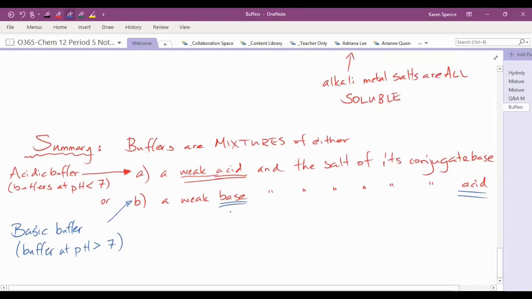And I know we haven't done an example like that. A weak base, maybe for example, we have 0.5 molar NH3, that's our weak base. Who is the conjugate acid of NH3?